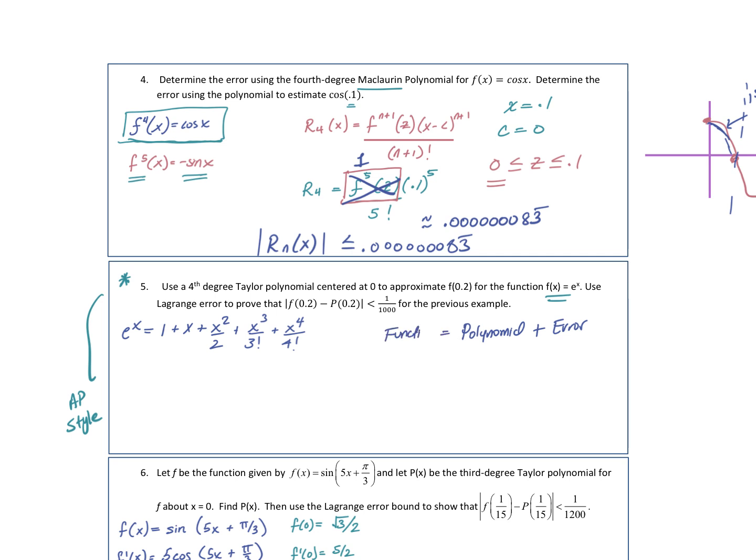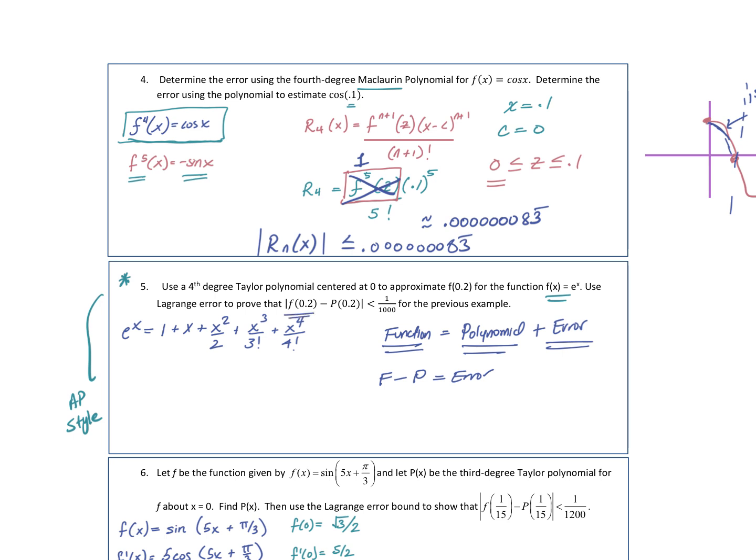We spoke about that. The function at some value is equal to the polynomial, which is the approximation, plus all that missing part. If we did the function minus the polynomial, we would get the error.